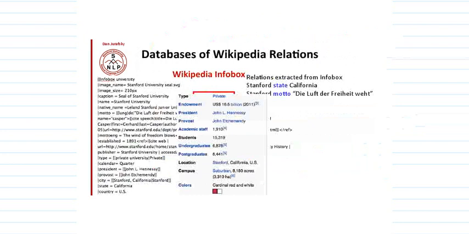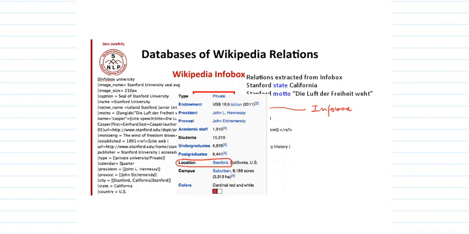In each Wikipedia article we have an info box on the top right corner. This info box contains information about that entity, and from it we can derive relations also.